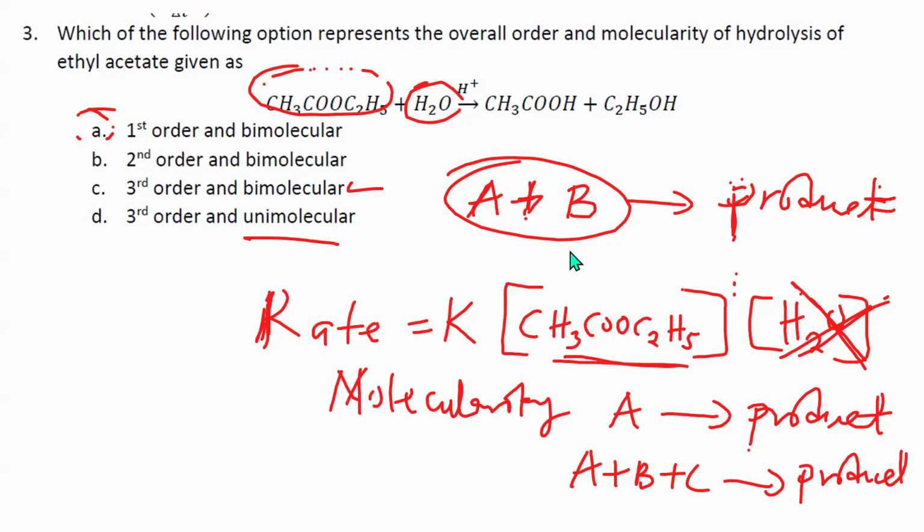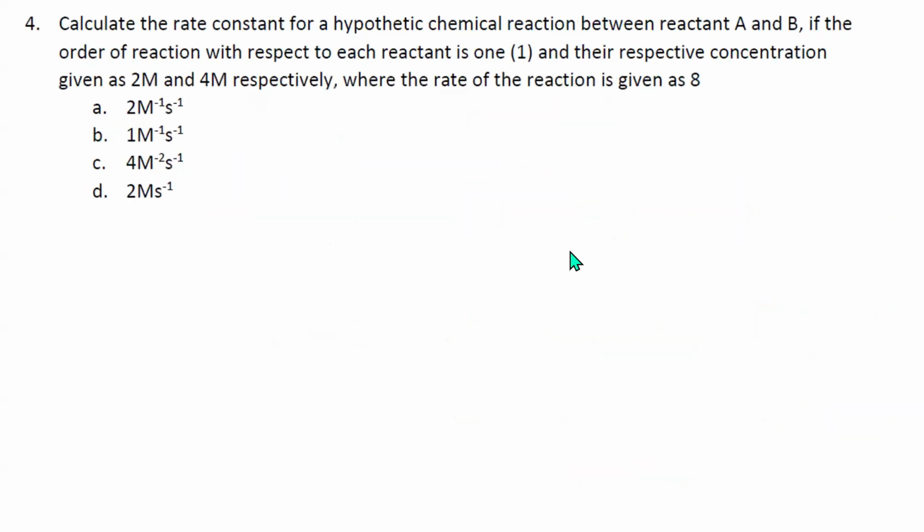The next question is a calculation, where the question says: calculate the rate constant of a hypothetical reaction between reactants A and B, if the order of the reaction with respect to each reactant is 1, and their respective concentrations are given as 2 molar and 8 molar, where the rate of the reaction is given as.